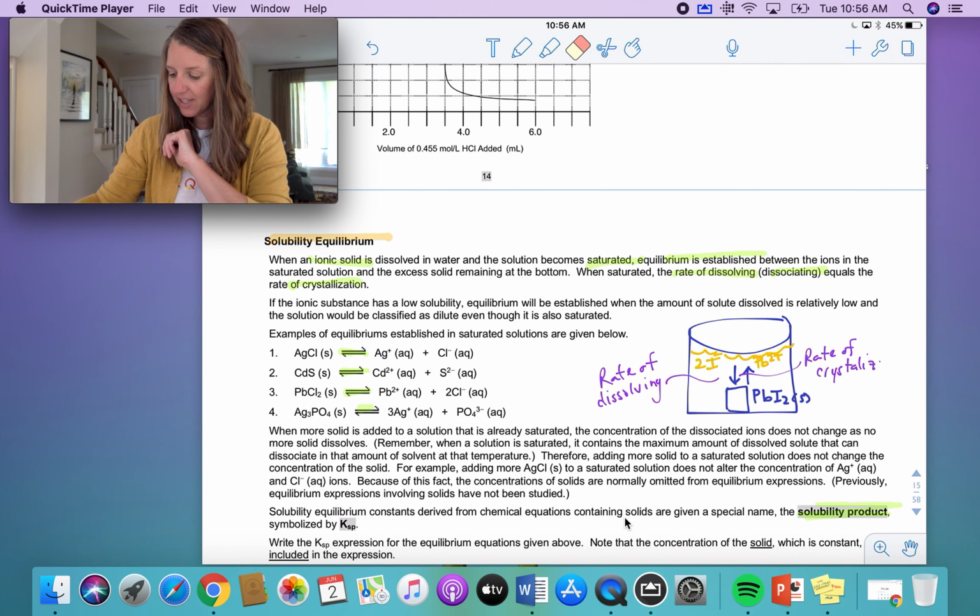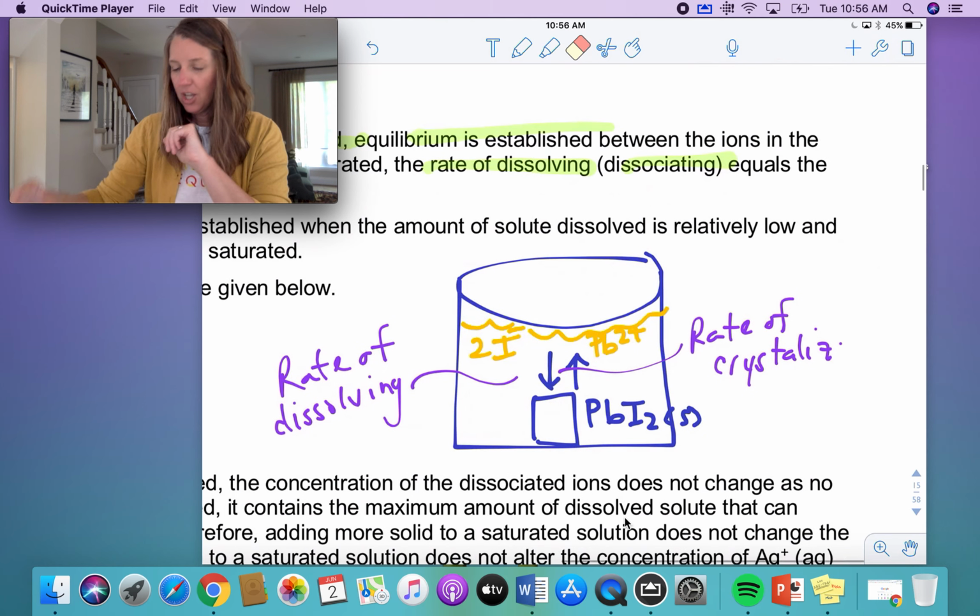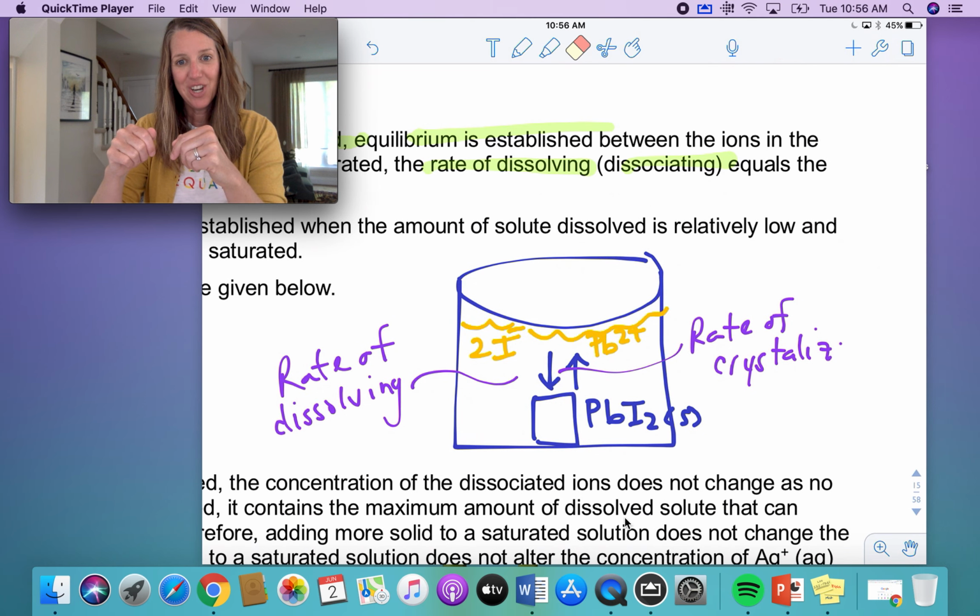So if you look at this example I've got here with lead 2 iodide, when it reaches the saturation point, it's at equilibrium where the rate of dissolving is equal to the rate at which that substance crystallizes. Remember, it's a dynamic system, so it's occurring all the time. It doesn't look like you're able to dissolve anymore because it's reached saturation.